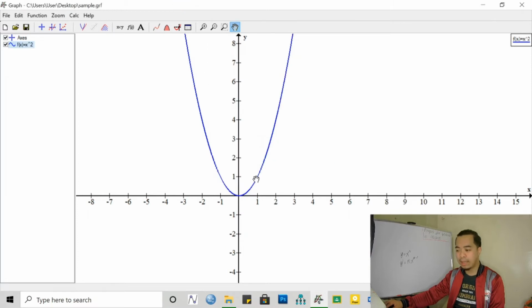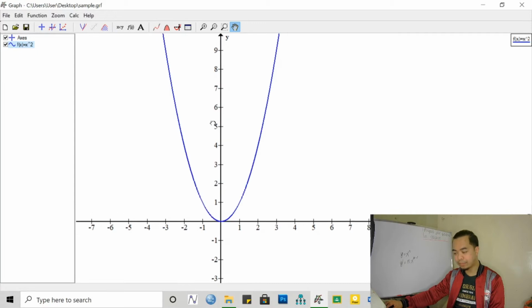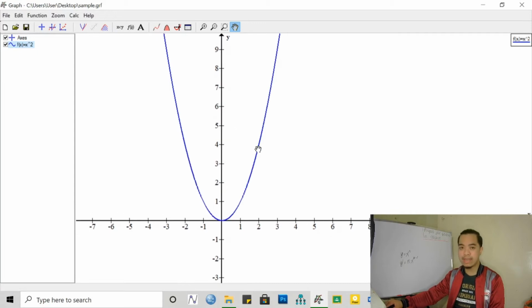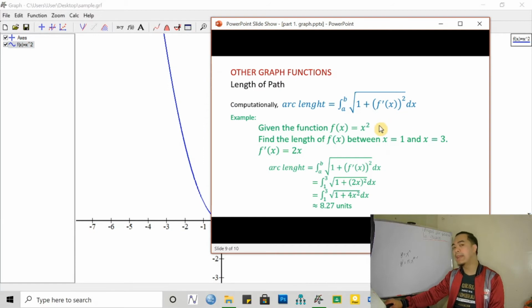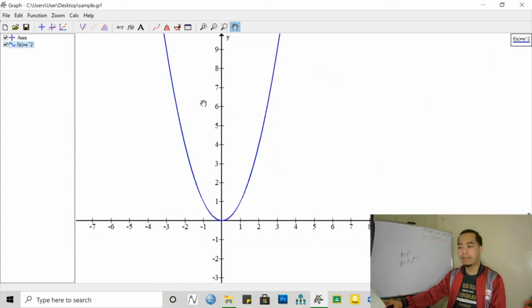So it's like at this portion of the graph, we want to compute the path until this portion of the graph. So how long is that path? That's the problem. And as I mentioned, that can be manually answered by using knowledge in differential and integral calculus. But in Graph, it can actually directly compute for that path.